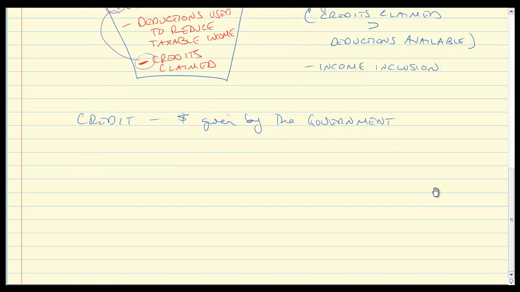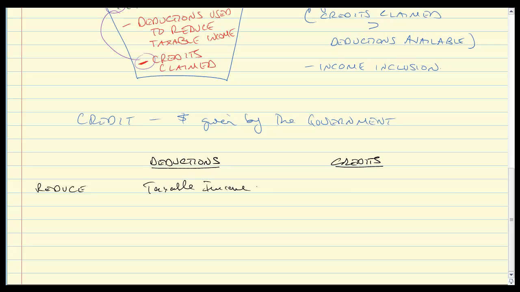So I think what might just be helpful, this is really a general reminder, but let's just remind ourselves, what are the differences between deductions and credits? Because this has been true before, but it's absolutely true in this with SR&ED. So what do deductions reduce? They reduce taxable income. What do credits reduce? They reduce tax payable.